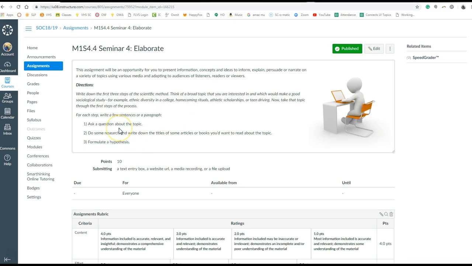You're going to ask a question about that topic, and then you're going to do very, very light research and write down some titles of articles and books, and then you're going to formulate a hypothesis. So you're really just going to do the very beginning of a research project, all right? And it shouldn't take you too long, but I want to know exactly what you're thinking, okay?